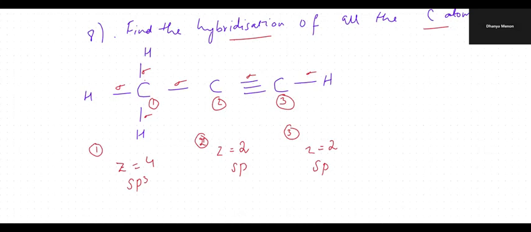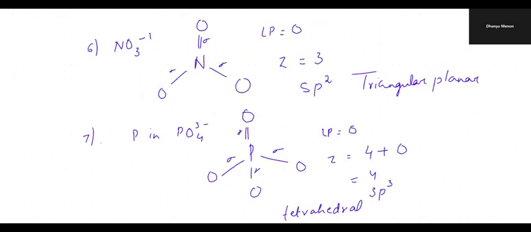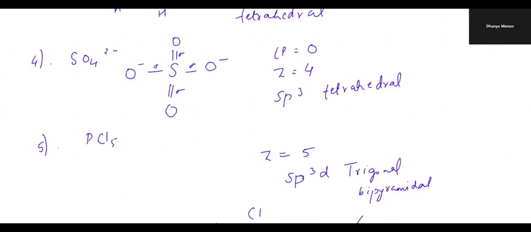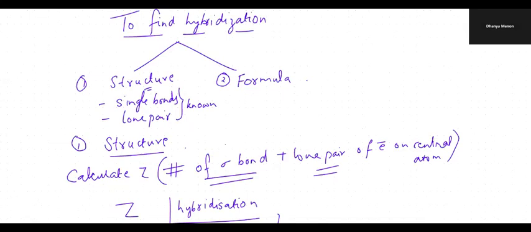I hope if the structure is given, or if you know how many single bonds and how many lone pairs are there, you can understand the geometry and the hybridization. Now let's understand how to tell the hybridization if you don't know the structure, but you know the formula.